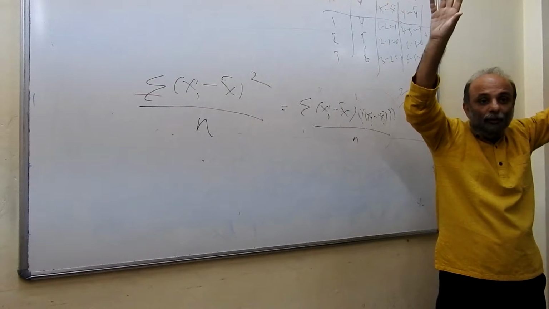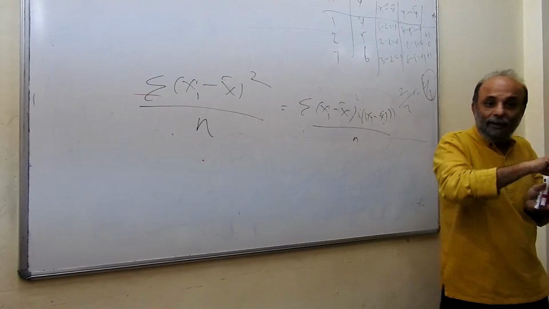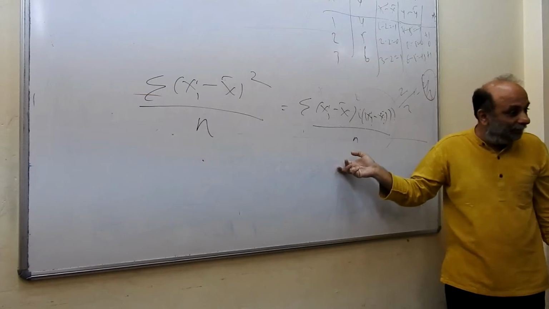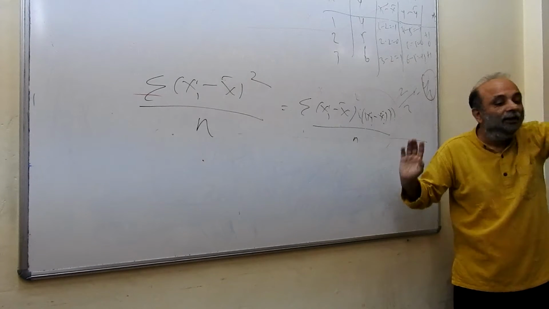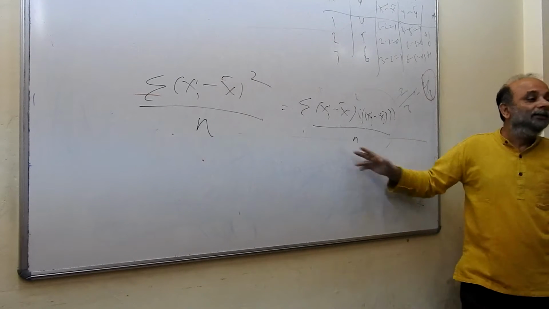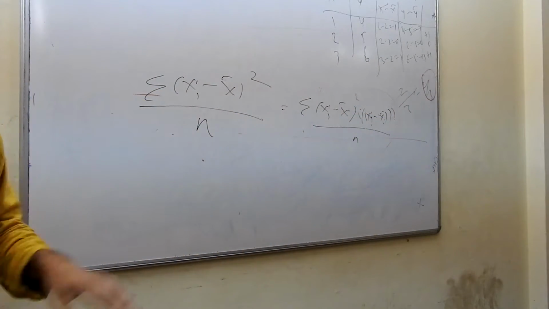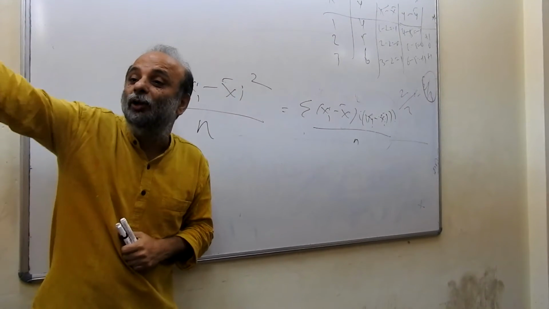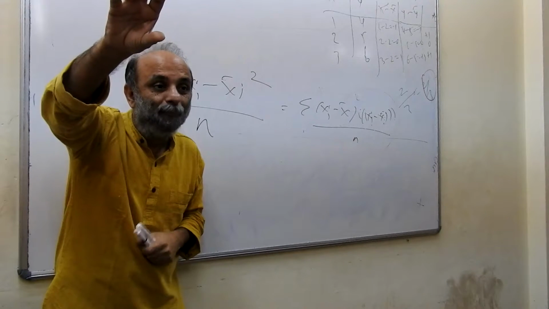You can't ever calculate that. All that you can do is a sample. Each sample will get a different number. But because this is an average, and that quantity that you're looking for is also an average, the law of large numbers says that as the sample size becomes larger and larger, the value that you will get from your sample will become closer and closer to the population value. Yeah?